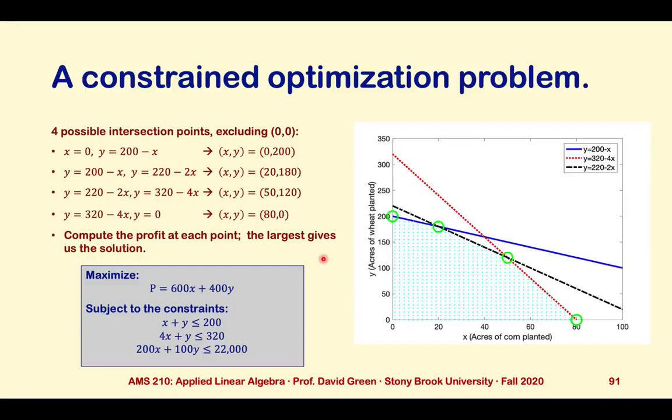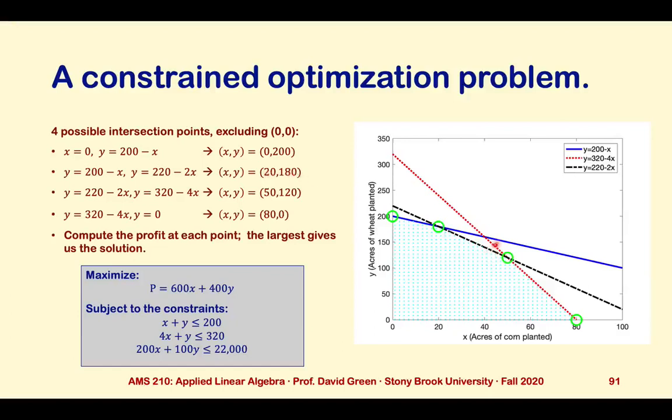into the equation. Right? This first intersection point is the intersection of the blue line, 200 minus x, with x equals 0, which occurs at x, y is 0, 200. This is the intersection point of the blue line, 200 minus x, and the black line, 220 minus 2x, which gives an intersection point of 20, 180.